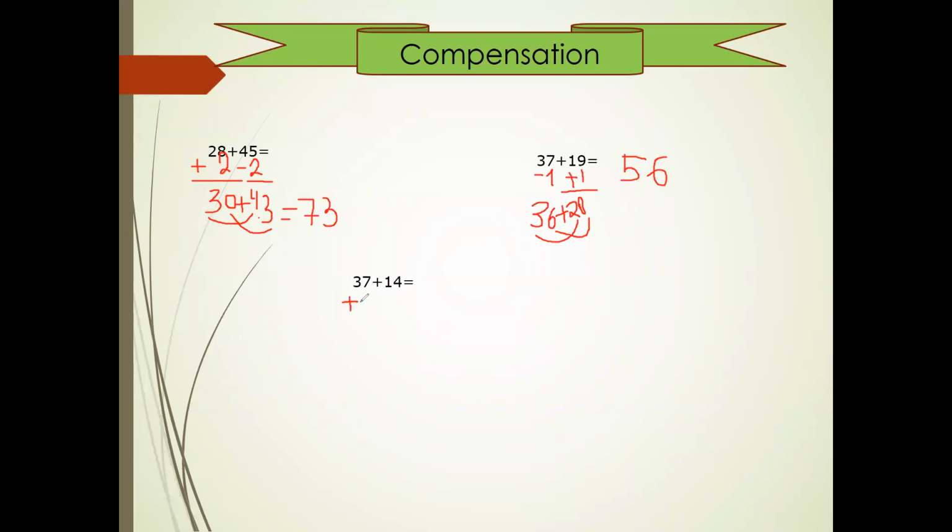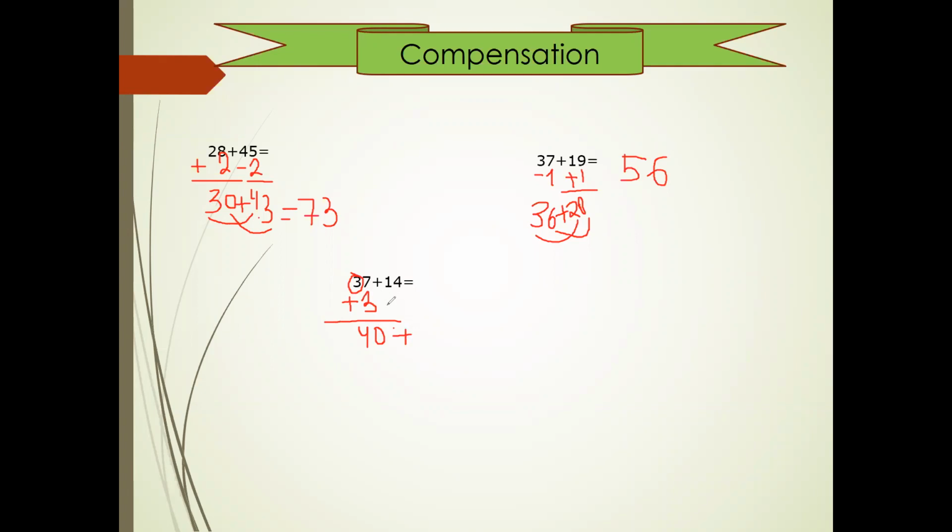How many do I need to add? Plus 3. I'm adding plus 3. Now attention. Not all the students can say at once that this is 40. So I ask the question, what is the 10 that you see? I see 3 tens. What is the next 10? 4. So that's why it's going to be 40. Okay?